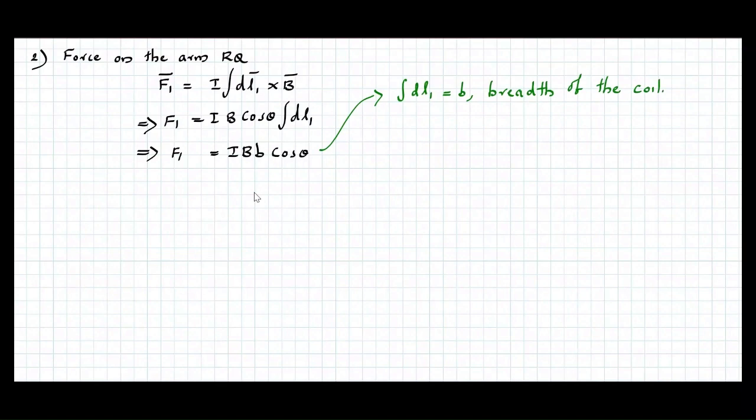If you integrate dl1, again you get b, the breadth of the coil. Therefore, the force on the arm RQ is I B b cos theta.